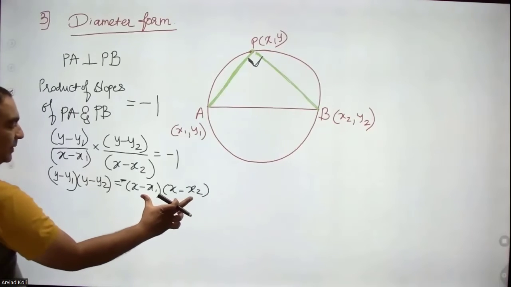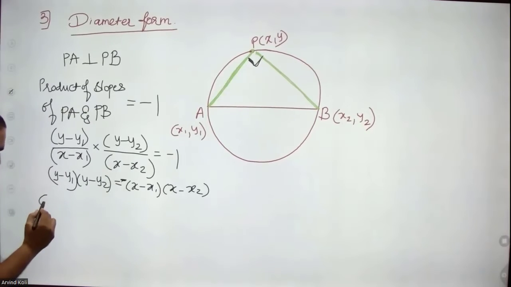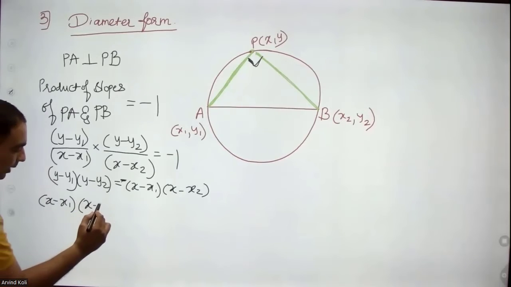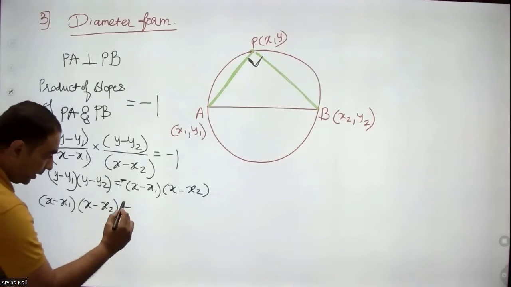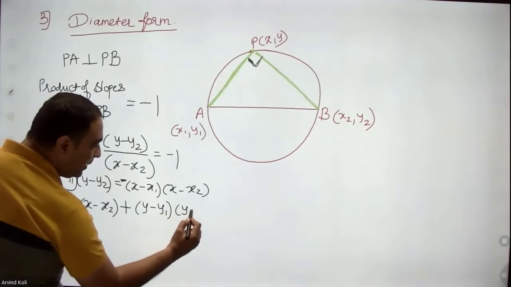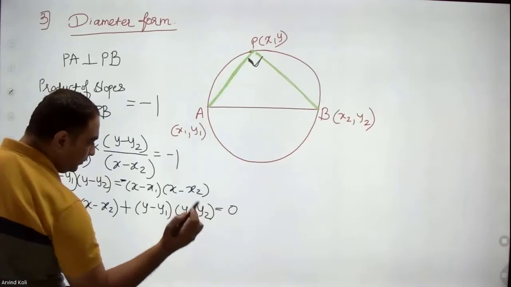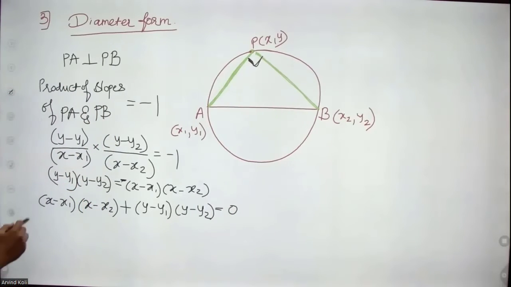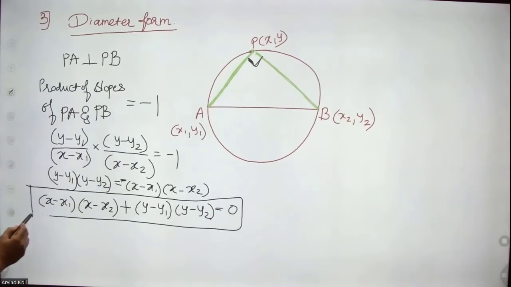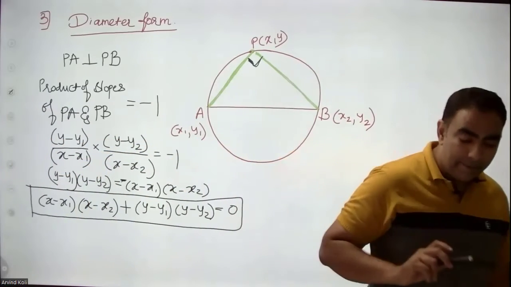So I take this term on the left hand side, so this becomes x minus x1 x minus x2 plus y minus y1 y minus y2 is equal to 0. Students, this is our equation of the circle in diameter form.